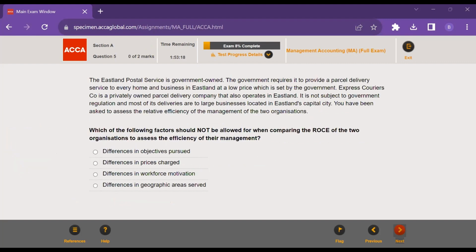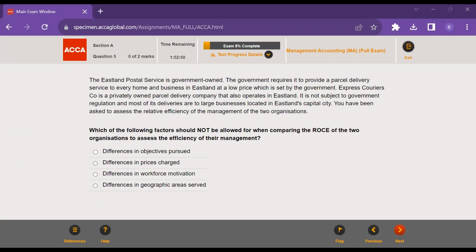Now let's move on to the next one. The Eastland Postal Service is government owned. The government requires it to provide a parcel delivery service to every home and business in Eastland at a low price, which is set by the government. Express Couriers Company is a privately owned parcel delivery company that also operates in Eastland. It is not subject to government regulation, and most of its deliveries are to large businesses located in Eastland's capital city.